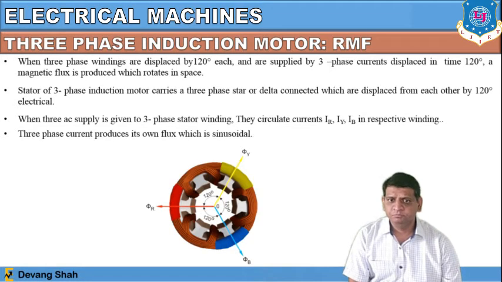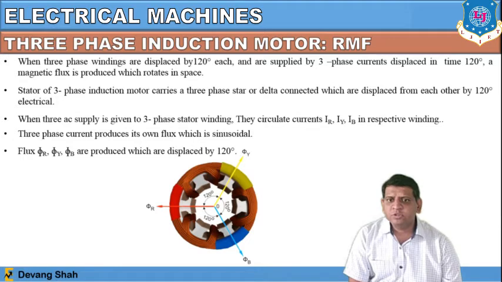Once you apply these three-phase currents, they produce magnetic flux in the windings. The produced fluxes are phi R, phi Y and phi B, all displaced by 120 degrees from each other.